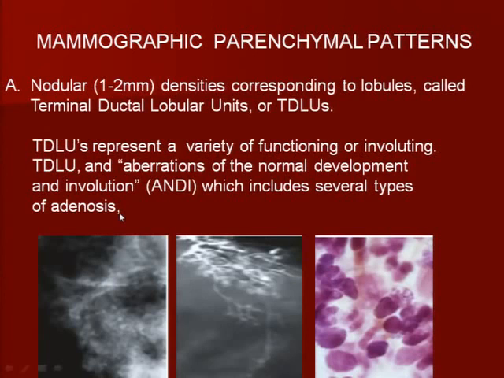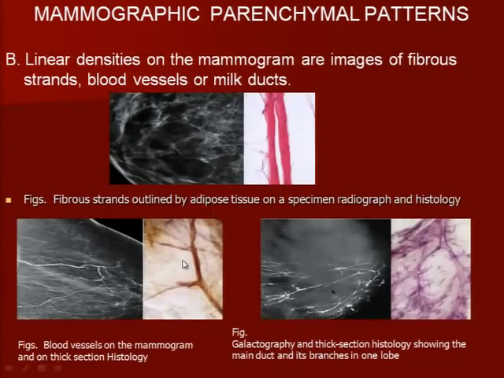As it grows bigger, they form cysts, they form fibroadenomas and things like that. And it's only when they grow bigger, they become a diagnostic problem. If not, you can see these tiny nodules, you don't have to worry about them. They're all normal TDLUs. Even on galactography, you can see all these little nodules.